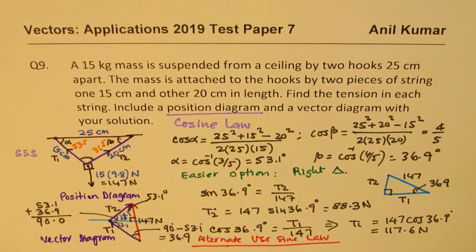But I hope you understand and appreciate how we draw a position diagram, how we draw a vector diagram, and solve to get the tensions when all the lengths are given to us to start with and the mass of the object. Always remember that the mass of the object has to be multiplied by the gravitational acceleration to give you the net force acting downwards vertically. Right? That's what we did here.